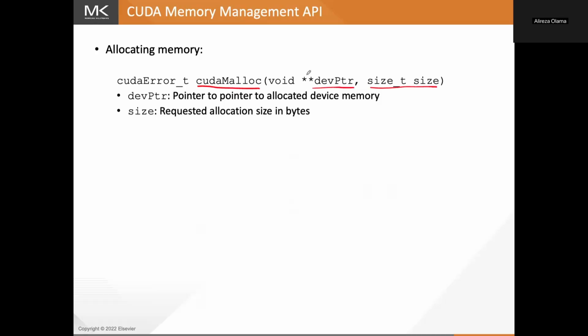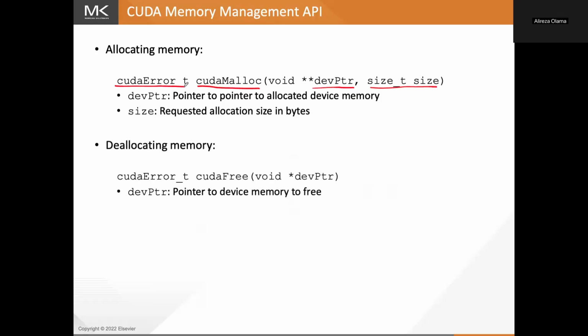So it's a pointer to pointer, right? Because cudaMalloc internally needs to manipulate the memory address, so you have to provide the address of the pointer that you want to point to your data on the GPU. Then it returns an error code that you can check to see if cudaMalloc successfully allocated some memory.